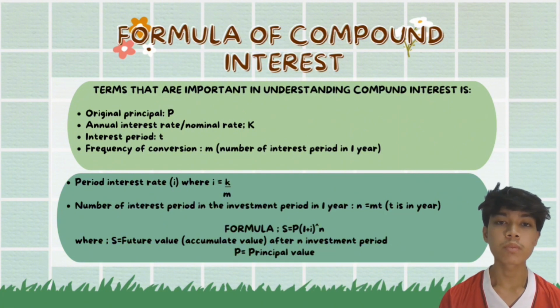The formula for compound interest is S equal to P bracket 1 plus I bracket power of N, where S is the accumulated value after N investment periods, while P is the principal value.